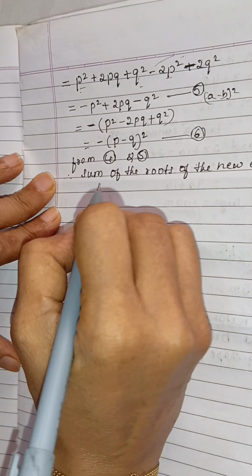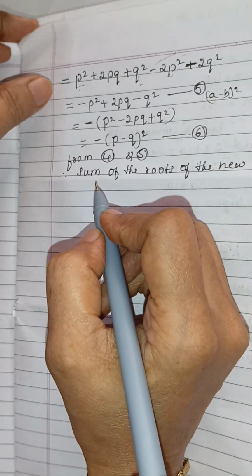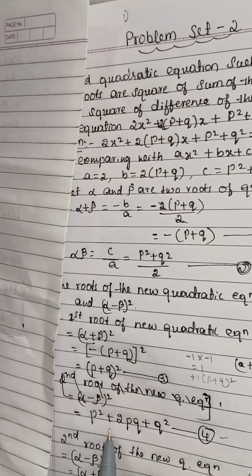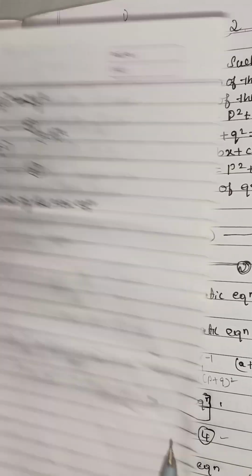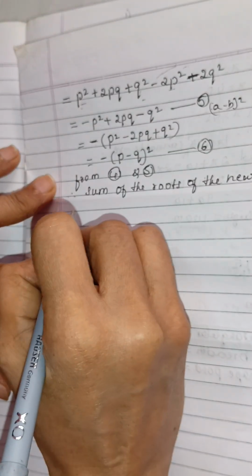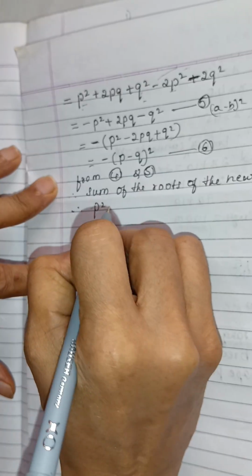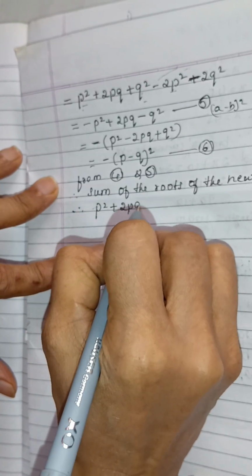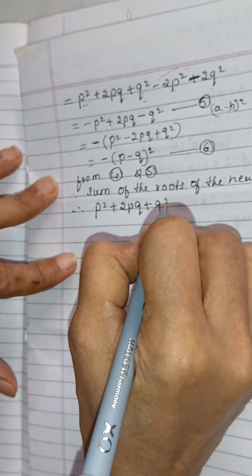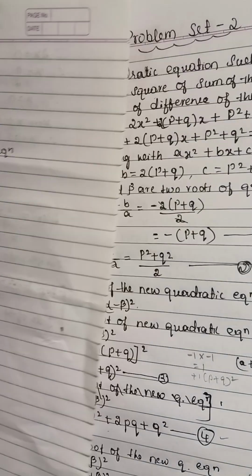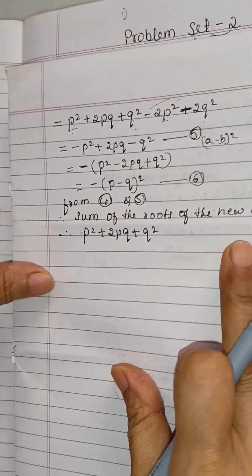The fourth one is p square plus 2pq plus q square.